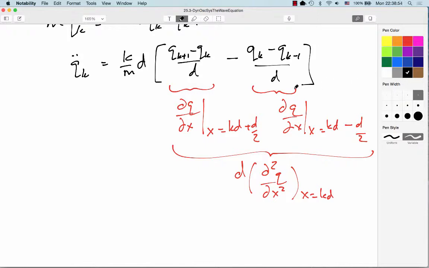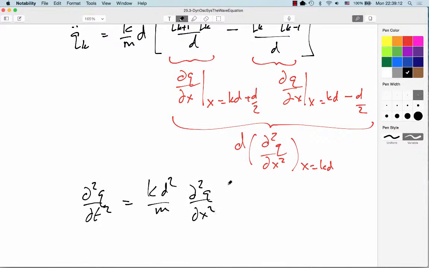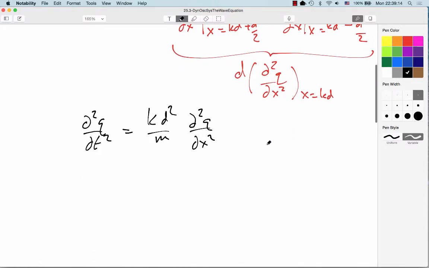So what are we left with here? I have a second time derivative here, so I can write that partial squared q partial t squared equals K d squared over m times partial squared q over partial x squared. These are just a bunch of constants, so I can certainly give them a name. I think I'm going to call it v squared, suggestively.